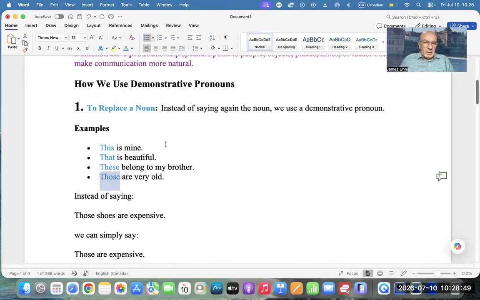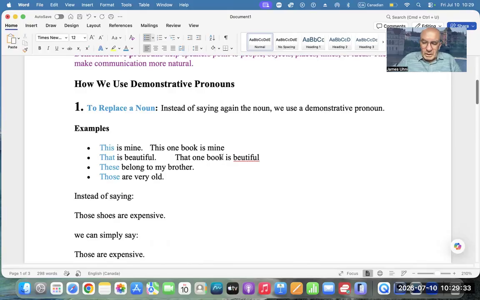So I will add a little bit better explanation. This is mine. So this one book is mine. Then we have that one book is yours. Is beautiful. Instead of book, I will use a toy.